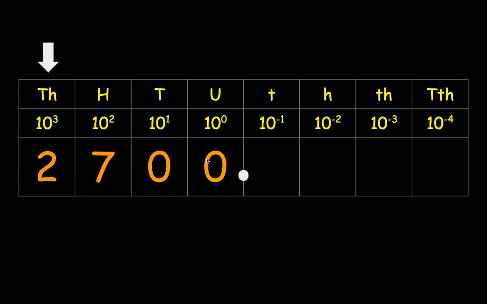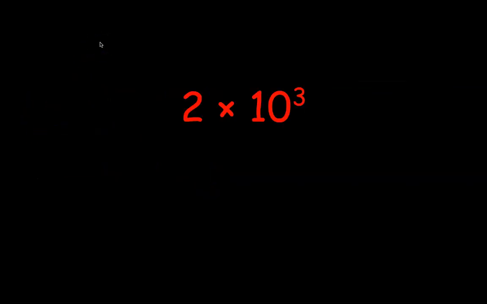Remember, we are not rounding off. This is not rounding off. We're ignoring. So we look at the 2, ignore the others. How would I write that in standard form? It's a 2 and it's in the thousands column. So 2 times 10 to the 3.